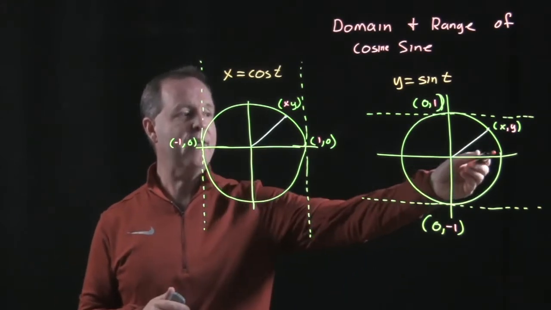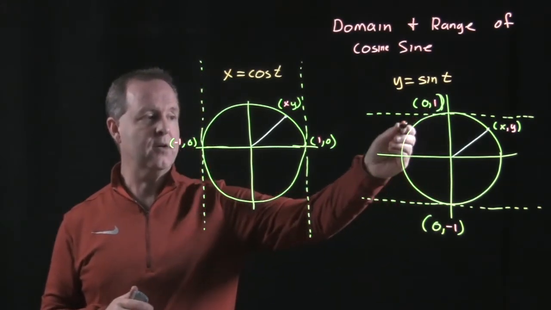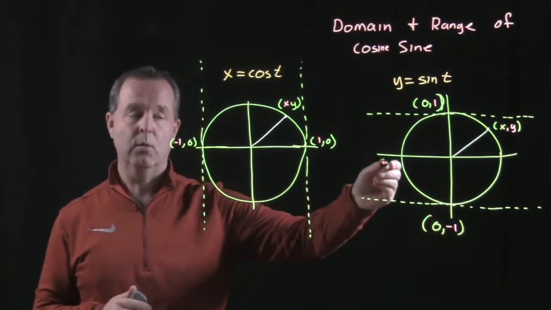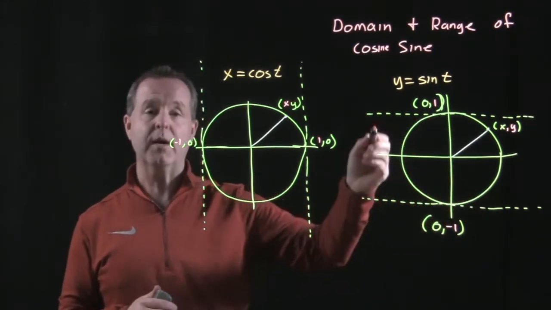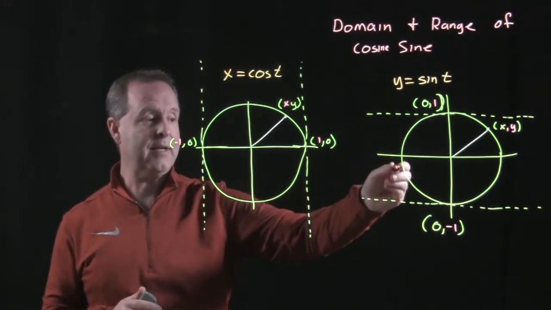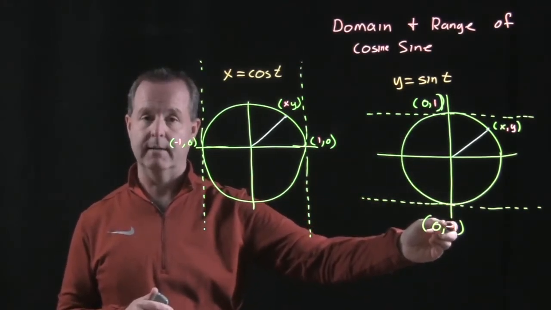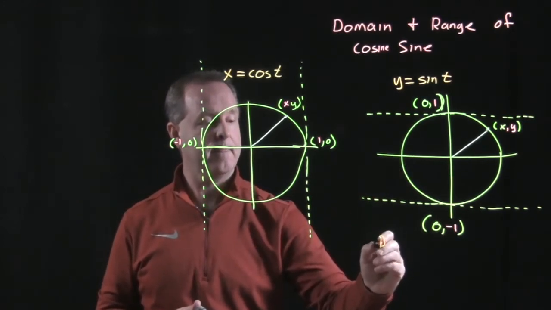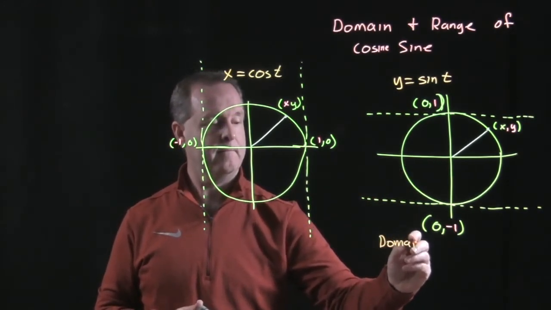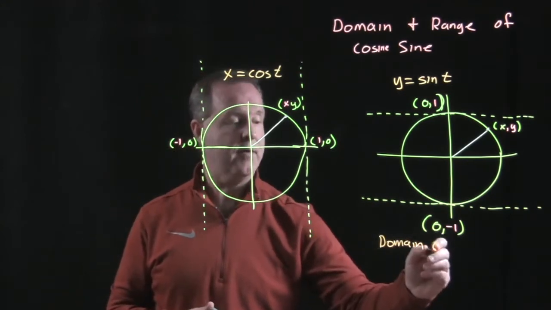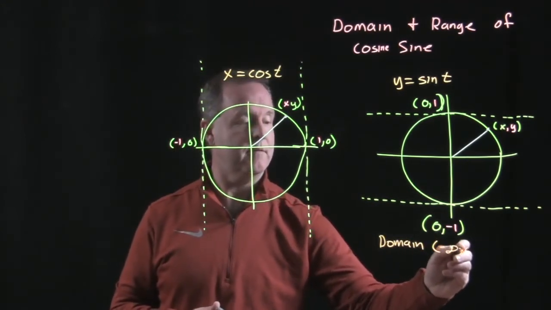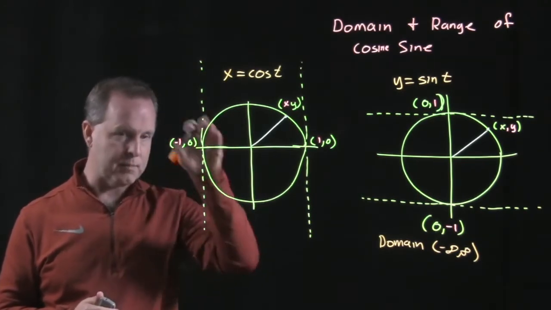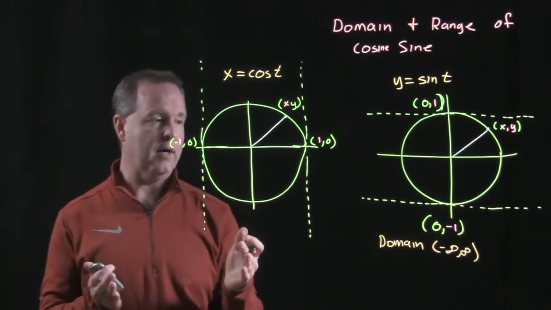So what does this y value do as we continue to go around the circle? What do you notice? Well, the values never get greater than 1, and they never get less than -1. So the domain of the sine is all values from -infinity to +infinity, because I can keep going around and around and around, or backwards and backwards and backwards forever.